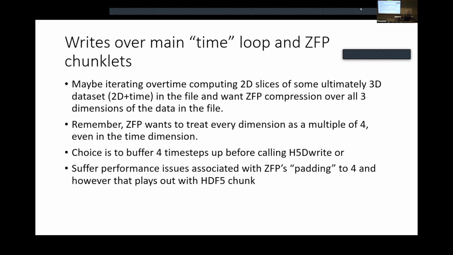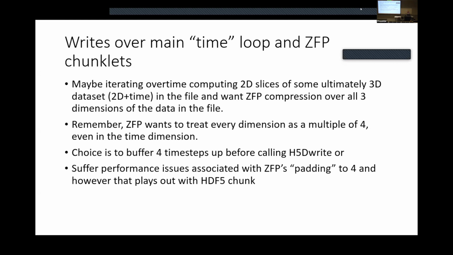Another thing to understand about these ZFP chunklets: imagine you're at the outer loop of your simulation code and you're writing, say, 2D slices to a 3D dataset over time. You've got this massive compute loop, you finish it, you write another slice out to the file, and you're iterating over time.